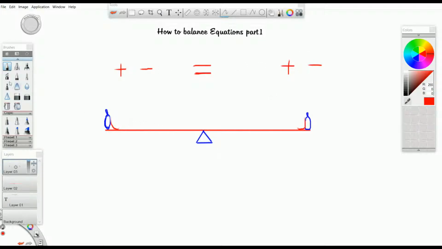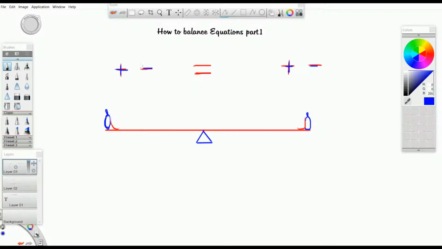So, very simply put, on an equation, whatever you do to one side, whether it's adding, let's choose a different color, whether it's adding, so you notice I'm using this color selector here, whether it's adding or subtracting, whatever you do to one side, as long as you do it to the other, the equation has not been wrecked. It's still in one place.